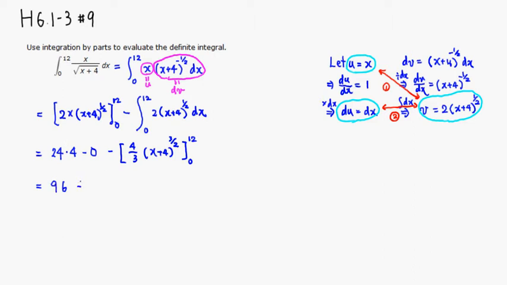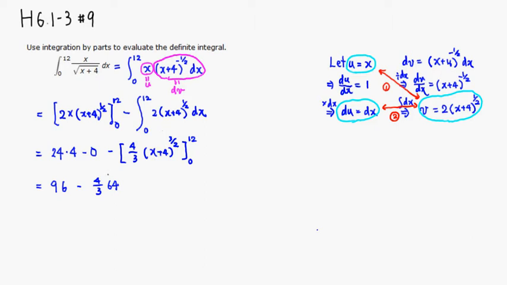Minus 4/3. Plug in 12. 12 plus 4 is 16. Raise it to the 1/2 power would be 4, and raise it to the 3rd power, so that's 64. Then minus, plug in 0.